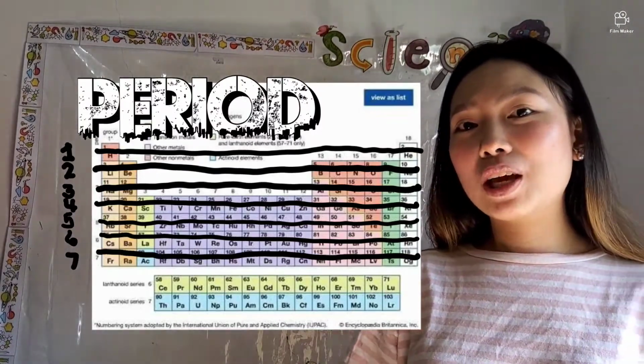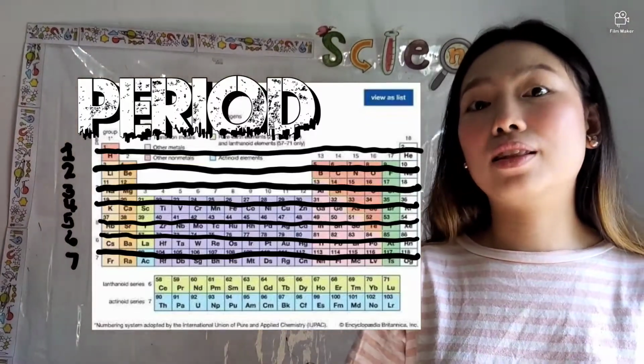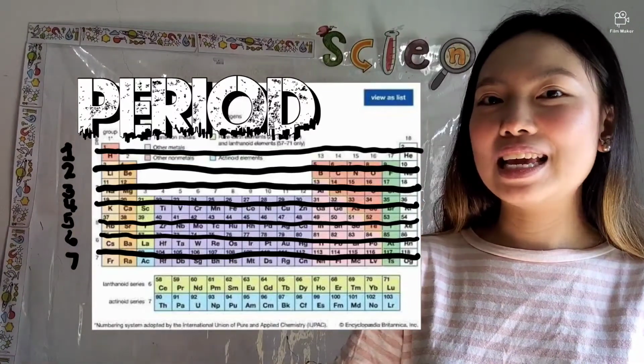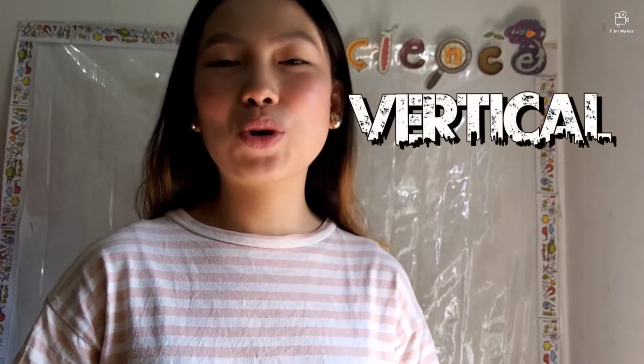So, our periodic table is composed of 1 to 8A and 1 to 8B groups or families and 7 periods. Now, you know the two parts of the periodic table: it has vertical columns and horizontal columns.